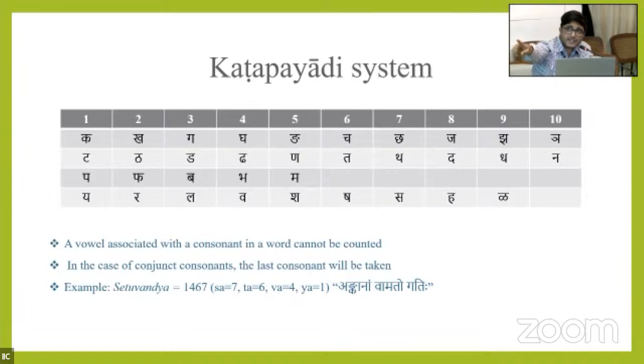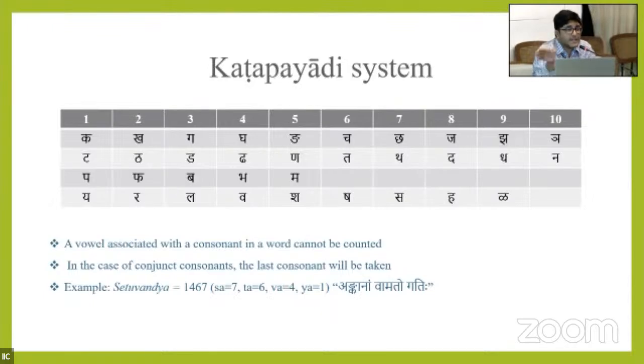So here is an example like Setu Bandhya. The last letter is the conjunct dhya, so we take ya, and here ya represents 1.